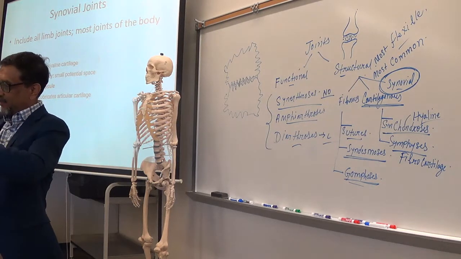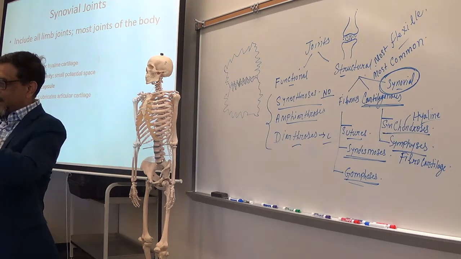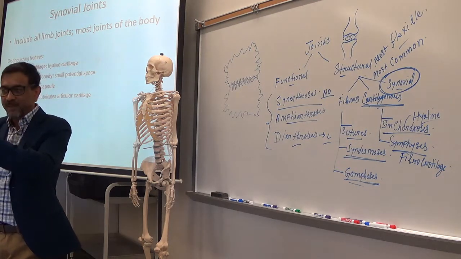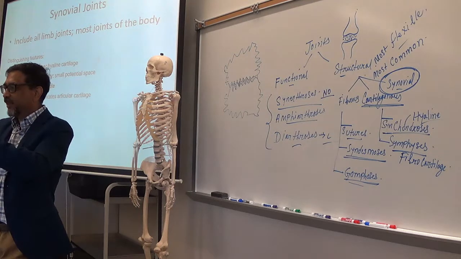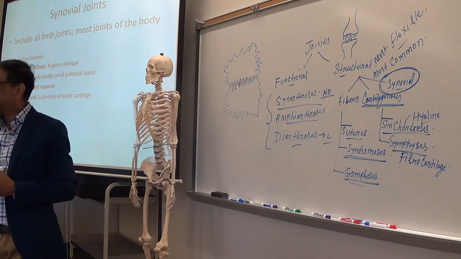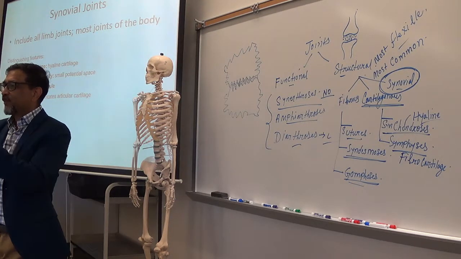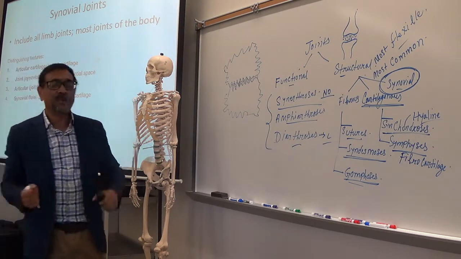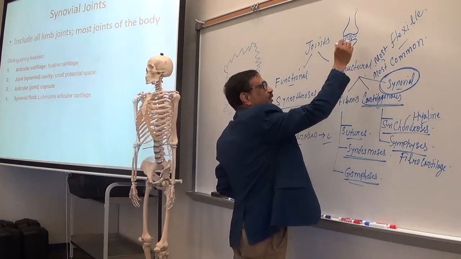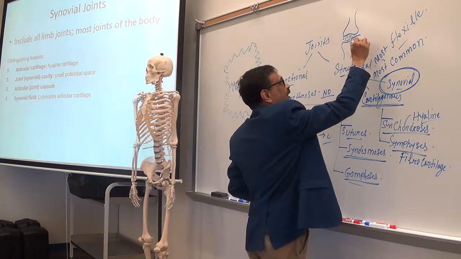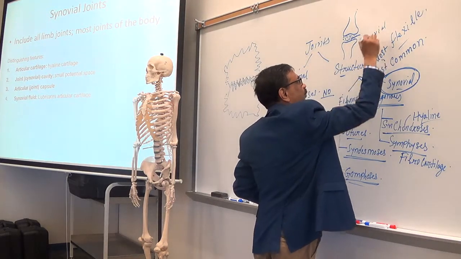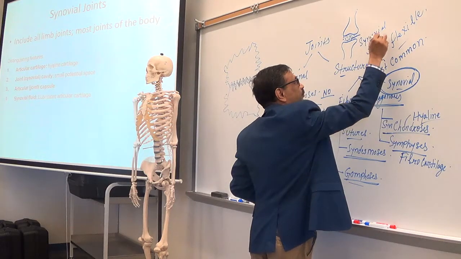And that's why you can move those joints a lot. Only fluid. And that fluid is a lubricating type fluid called synovial fluid. It's like slippery. So that's why synovial joints are the most flexible, most movable joints.